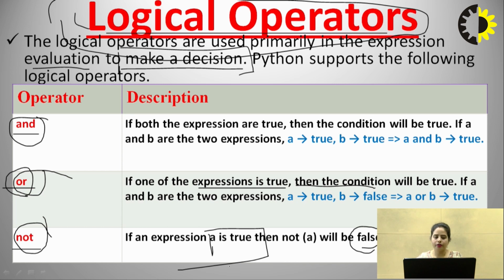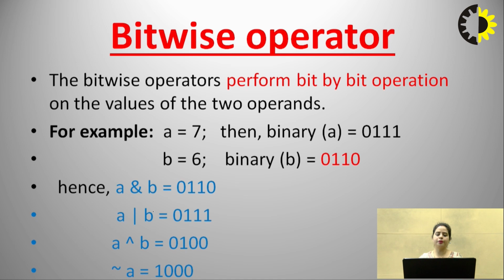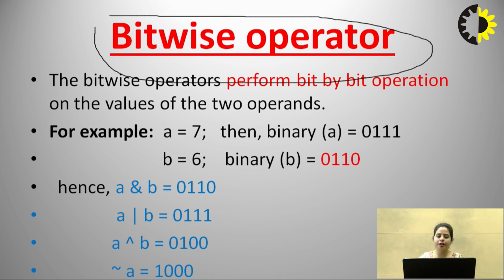Okay. Now going to the next operator, the bitwise operator. These are the most important operators we use in data science. What does bitwise operator mean? Let's segregate the term bitwise. When we perform an operation bit by bit, these operators are known as bitwise operators.